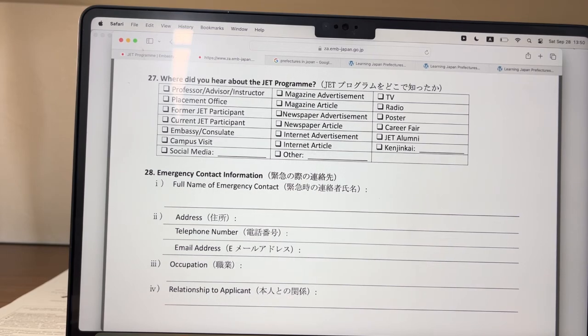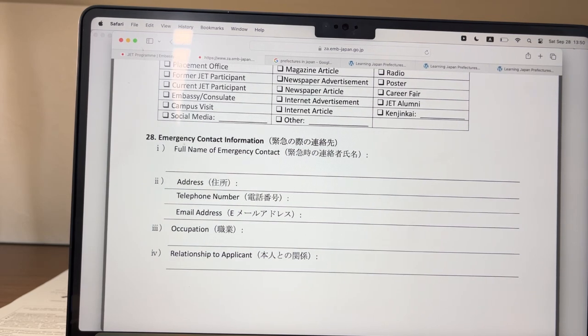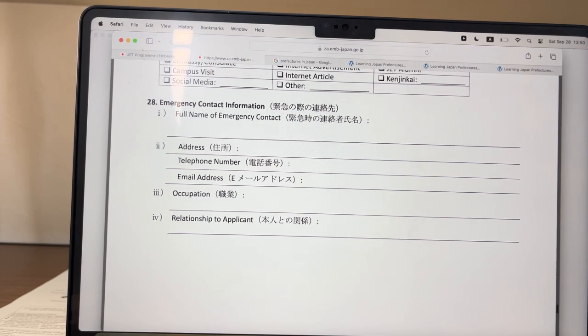Okay, emergency contact information, full name. If your mother is your emergency contact, you write your mother's full name, and then you write their address, their telephone number, email address, occupation, and their relationship to you: mother, father, sibling, cousin, friend, whatever.